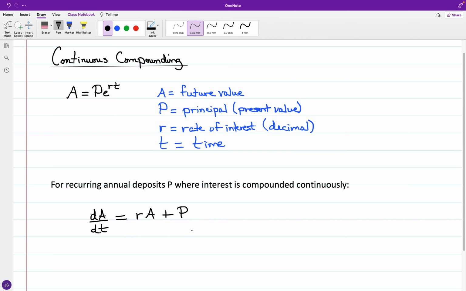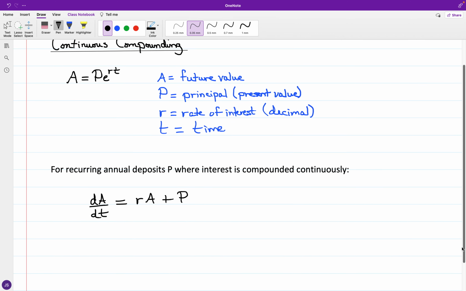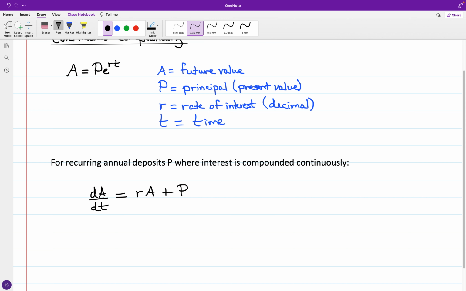And if we look at separation of variables, in terms of A, so you have dA, the differential, and on the right hand side we have rA plus P. And if I set things up where I'm going to have a logarithmic expression, what I can do is separate the variable expressions by simultaneously dividing the whole equation by rA plus P, as well as multiplying by the differential dt.